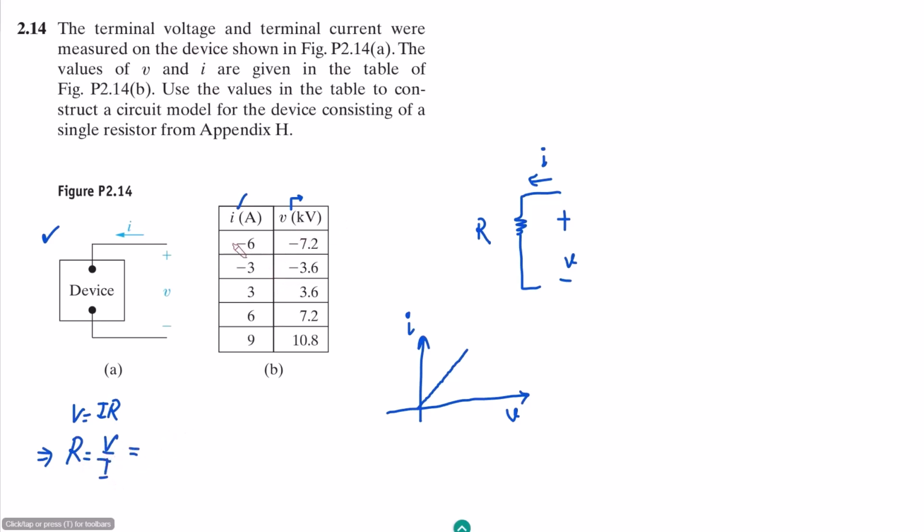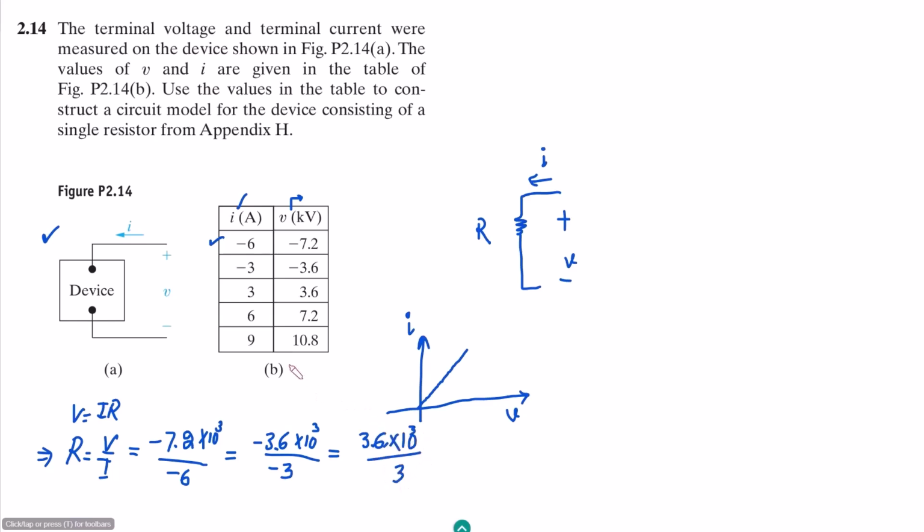So putting each row here, we can see that R is minus 7.2 into 10⁻³ divided by minus 6. This is equal to minus 3.6 into 10⁻³ divided by minus 3. This is also equal to 3.6 into 10⁻³ divided by 3.